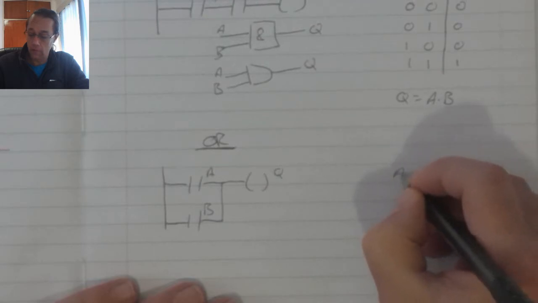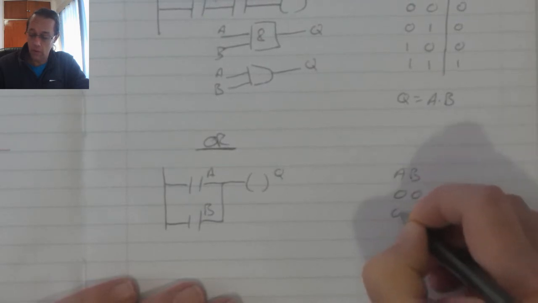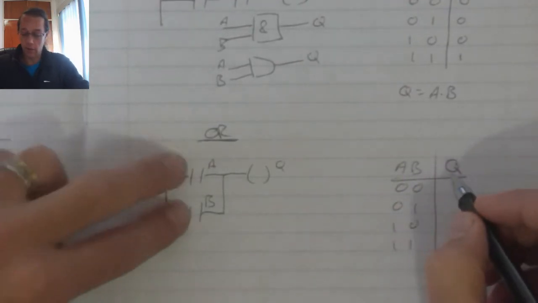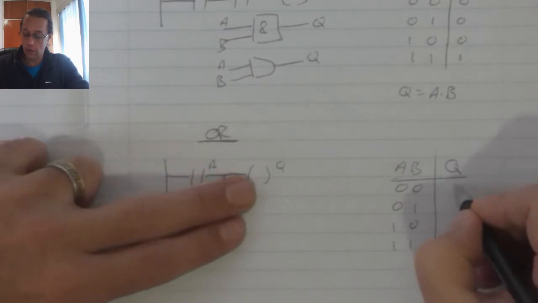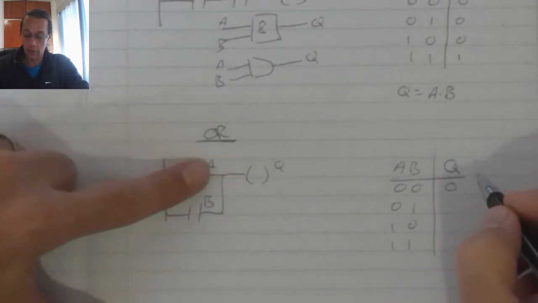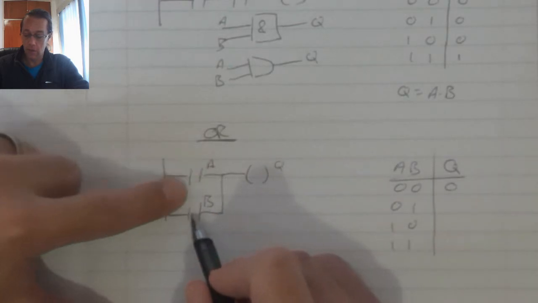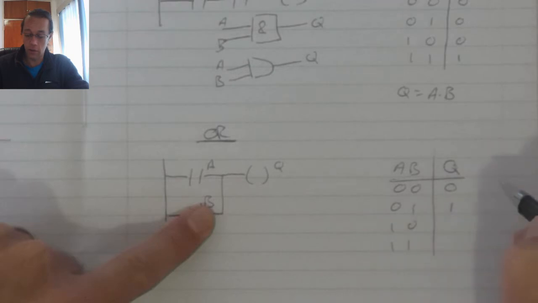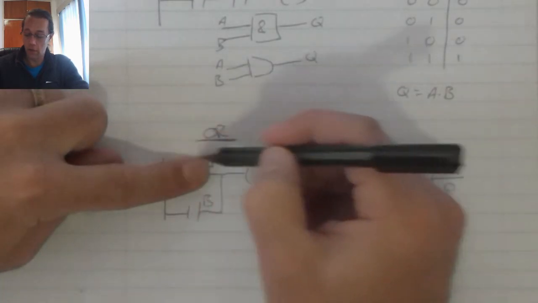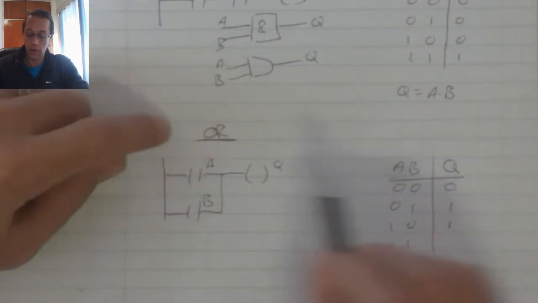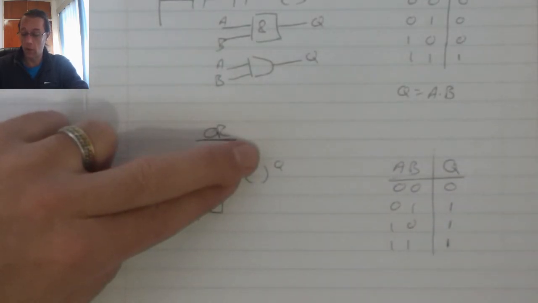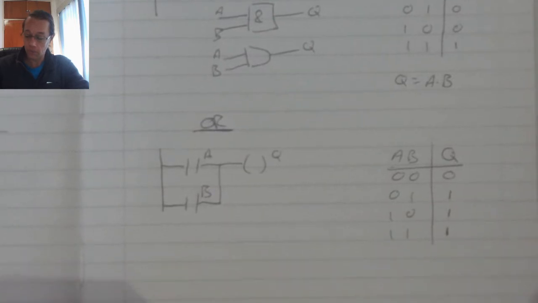If A and B are the inputs and Q is the output, and both A and B are open, then the output will be off. If I close B, then I've got a connection to Q, which will turn it on. If I close A, I've got a connection to Q, which will turn it on. And if I close both of them, then both of them will connect and Q will turn on.